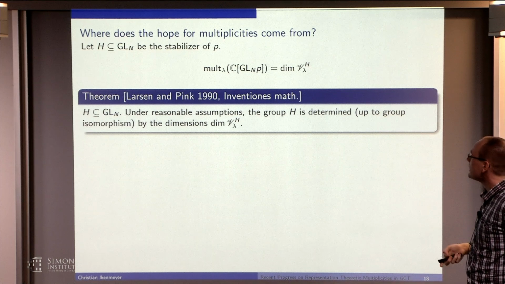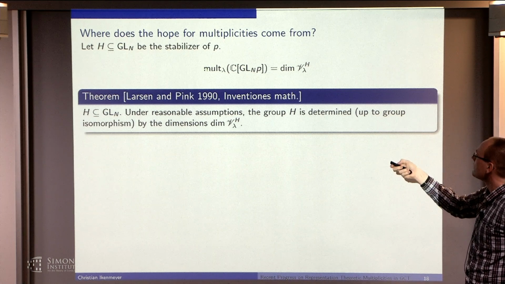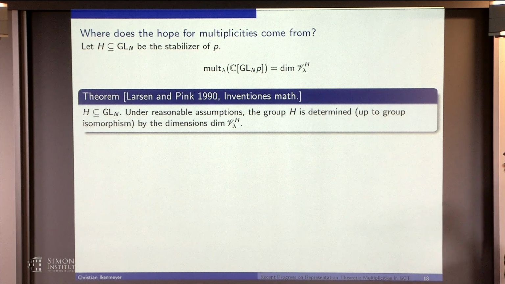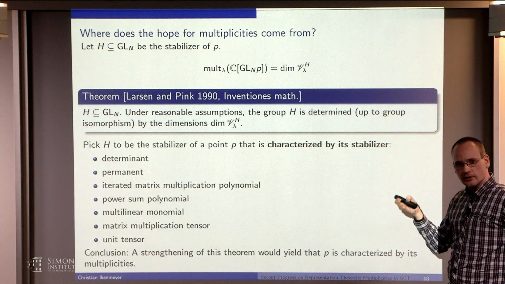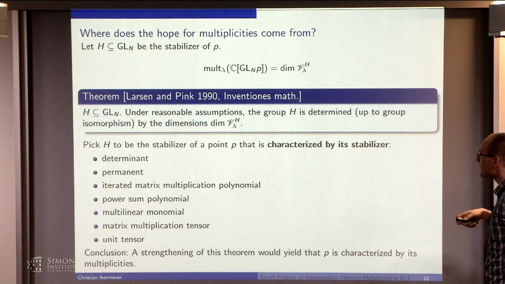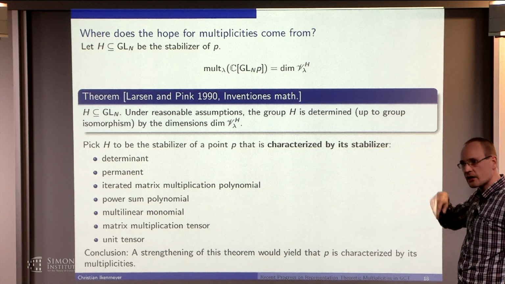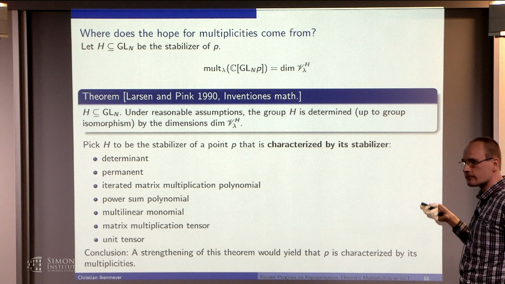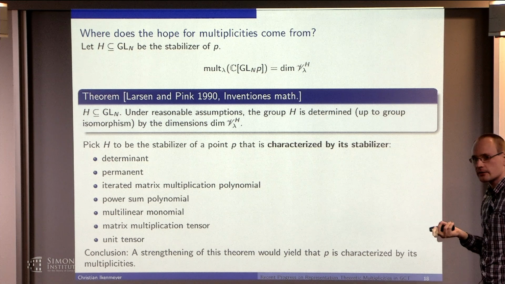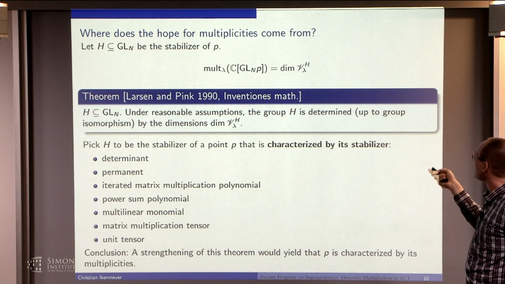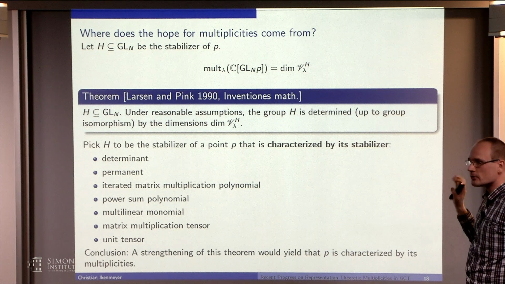And that's amazing. So this means that if you know all these multiplicities in your coordinate ring, you actually get H back. And now if you are in a setting where the point is characterized by its stabilizer, then you actually get that point back, right? Well, there are some caveats here, but that's the general idea.